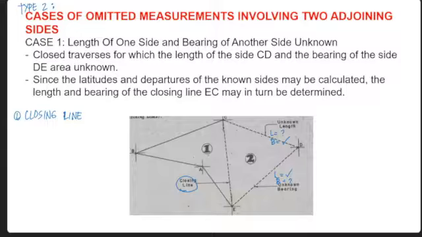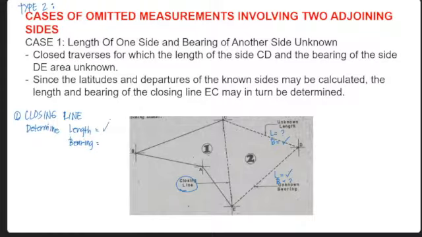So after determining our closing line, we determine yung kanyang length and bearing. So paano natin gagawin yon? Kung ano yung ginawa natin sa unang type natin, we compute all the latitude and departure, and then we get also the departure and latitude of that line, and from there, makukuha na natin yung length and bearing niya.